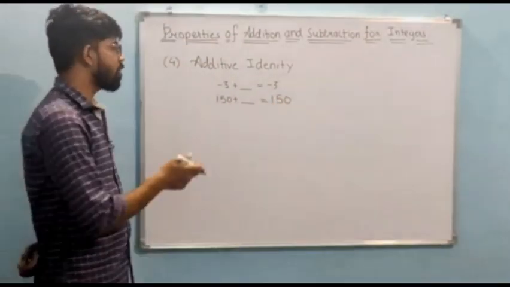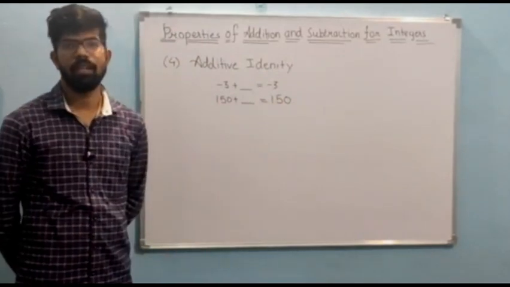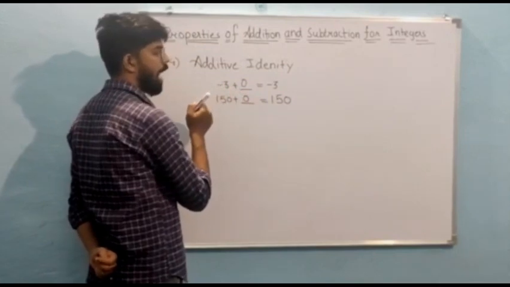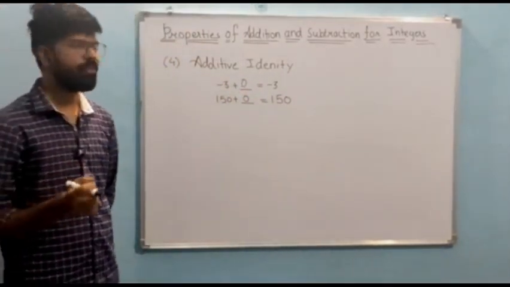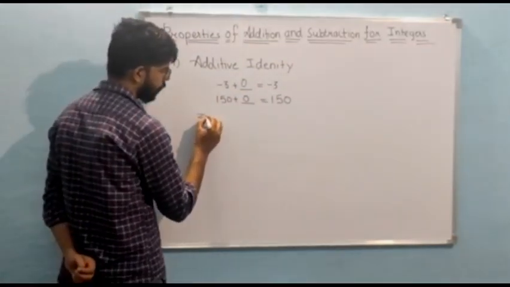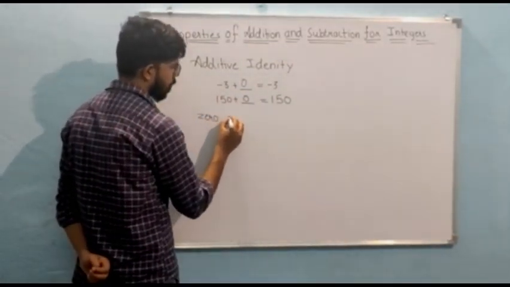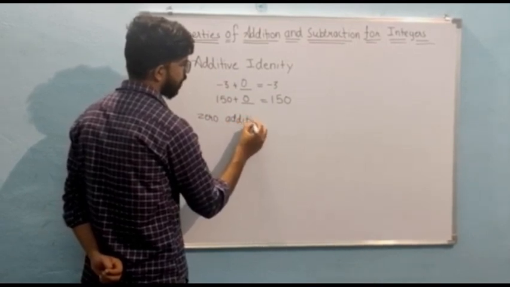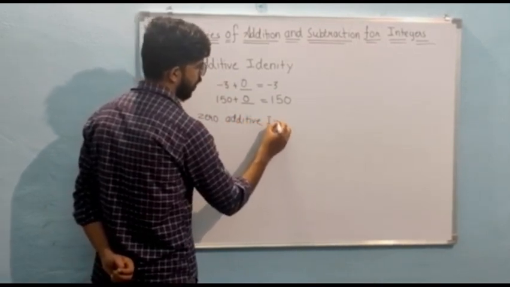So that number is 0, which is added to a number to get the same number. So 0 is the additive identity.